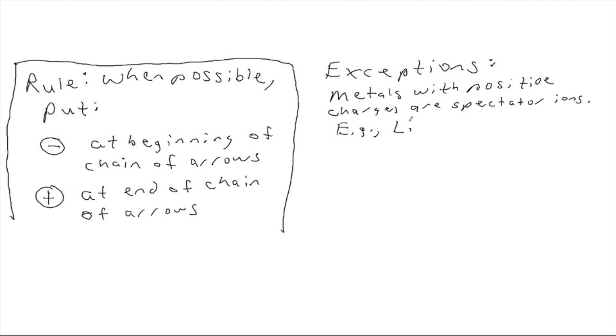Lithium, sodium, and potassium. So, do we usually put these at the end of a chain of arrows? No. Because they're just spectators. Do you see how this is an exception? Normally an atom with a positive charge would go at the end of the chain of arrows, but not these spectator ions. These just don't participate.